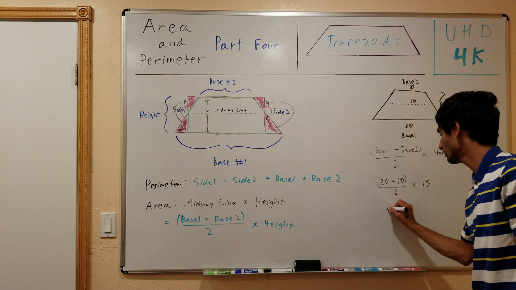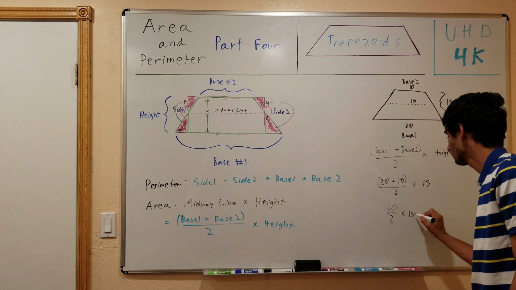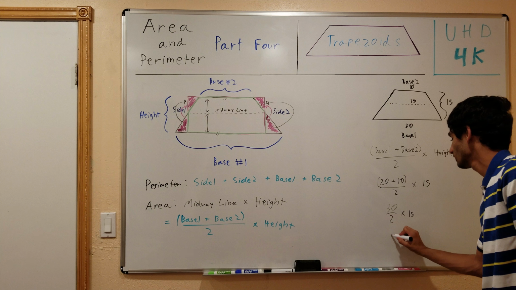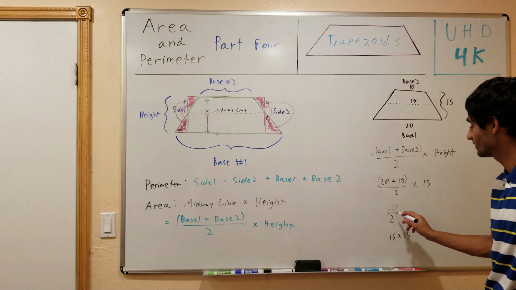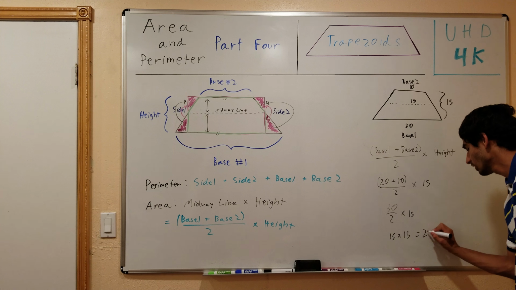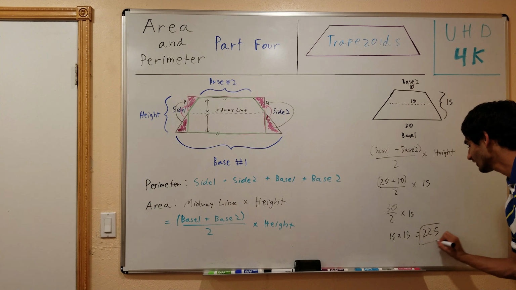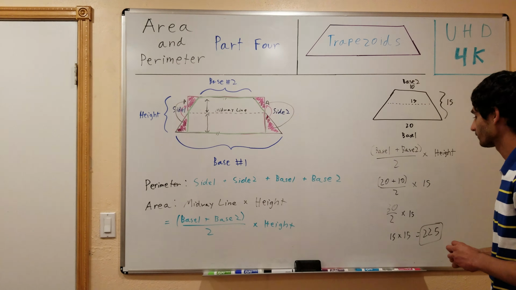So that's equal to 30 divided by 2 times 15. And that's equal to 15 times 15. Because remember, if you have only multiplication and division, it's just left to right. And 15 times 15 is equal to 225. I know this is a big multiplication, so you can just use a calculator for that.